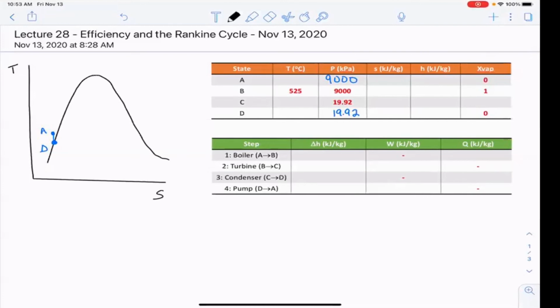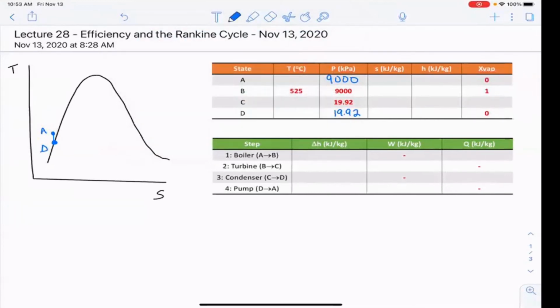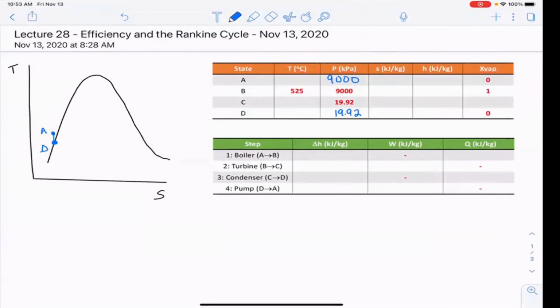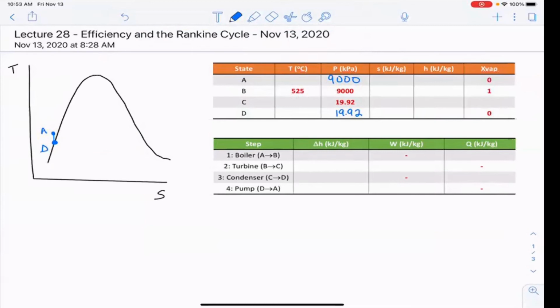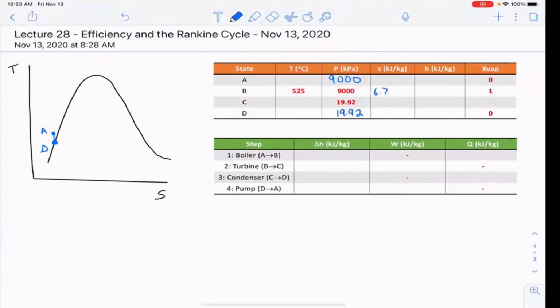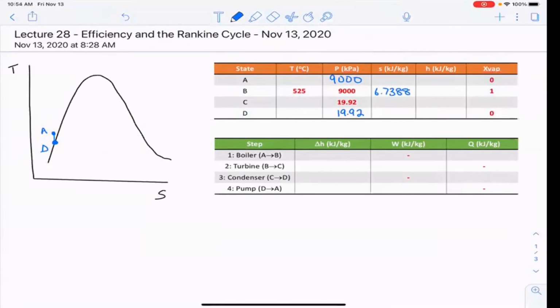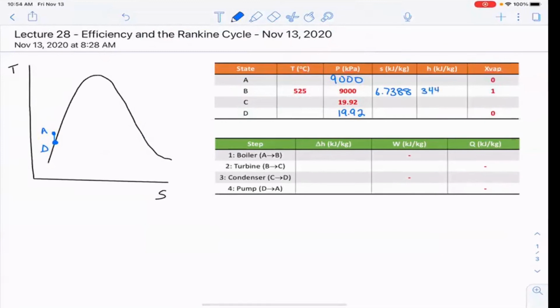So the next thing that I did was go to the steam tables and say, well, if I need to take that step from B to C and I know it's isentropic, let's have a look at what the entropy is at that stage. So from the steam tables, the entropy at point B was 6.7388 kilojoules per kilogram Kelvin. And while I was there, I also took the enthalpy because we know we're going to need that to solve the problem.